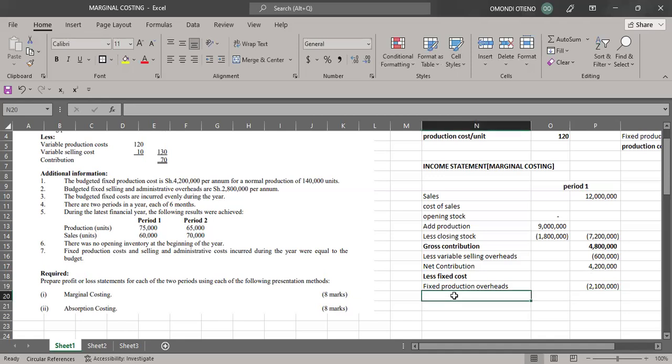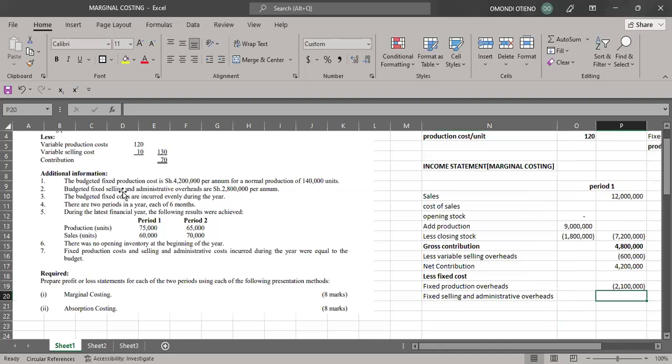Then to that, we also need to consider what we call fixed selling and administrative overheads, right? The fixed selling and administrative overheads are 2,800,000 for the entire year.